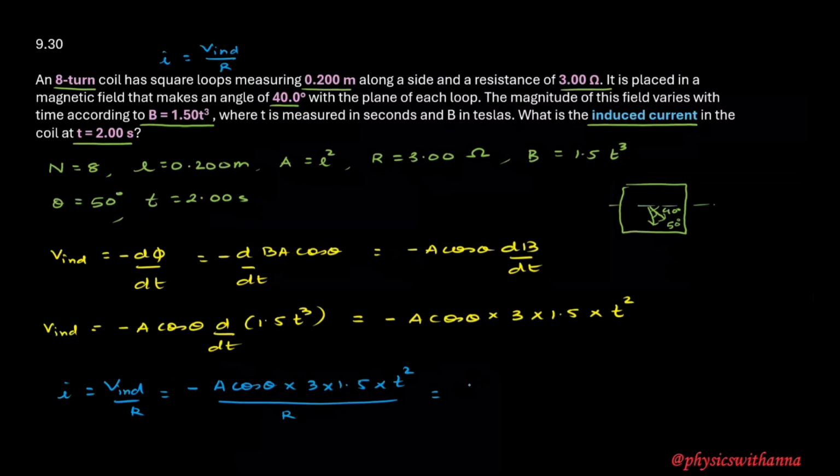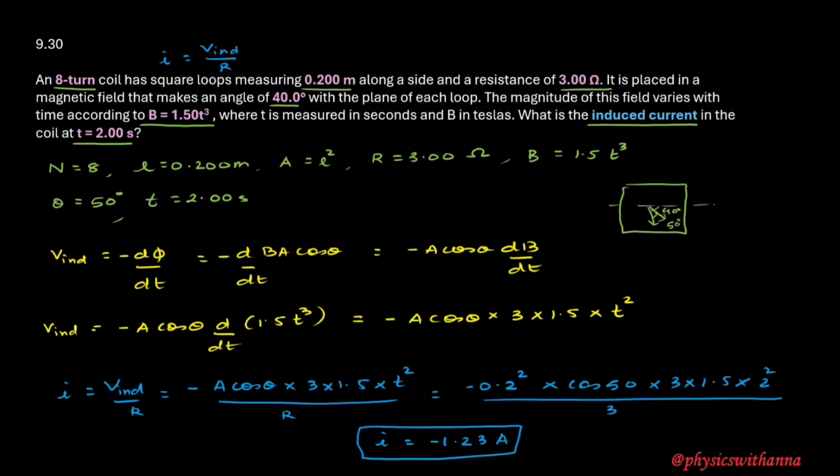Length is 0.2, so 0.2 squared into cosine 50 into 3 into 1.5. t is 2 seconds, so 2 squared over R, which is 3 ohm. And we get the current I as negative 1.23 ampere. Again, the negative sign only indicates that the induced current is opposing the change in flux.